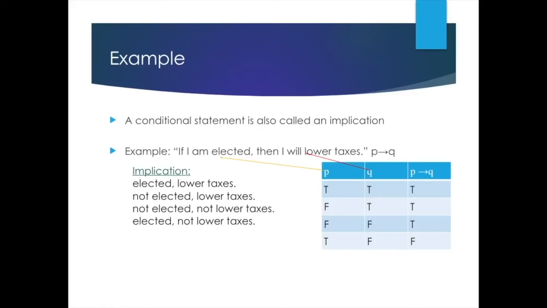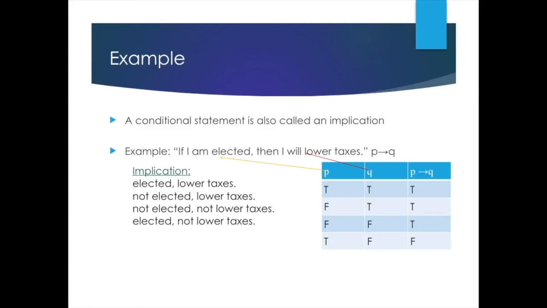The first row is the implication: I am elected is true, I lower the taxes is true, so the outcome P implies Q is true. The hypothesis was true and the conclusion was true.